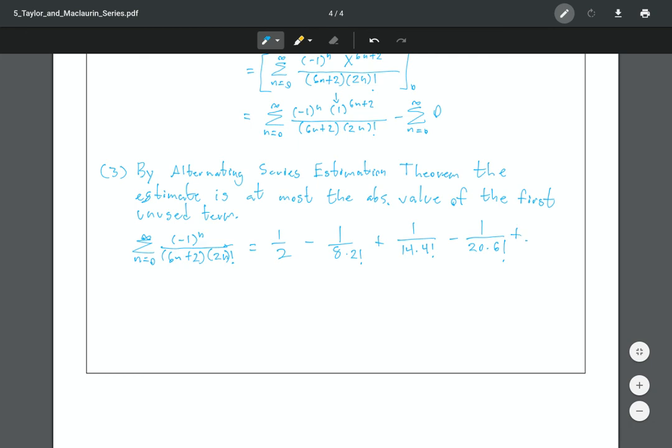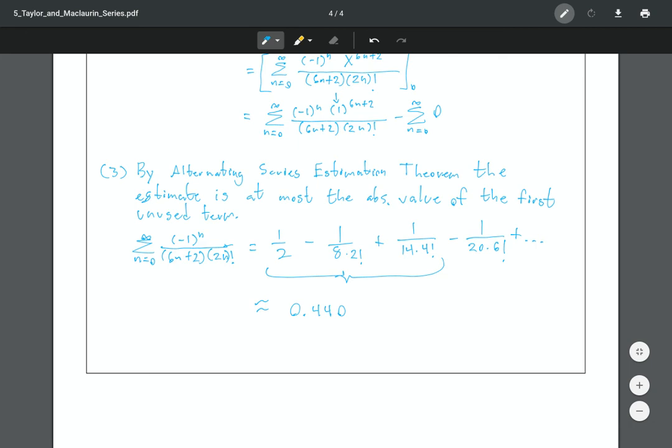Okay, now it didn't really tell you how far to go, but when you add these up, you get approximately 0.440.